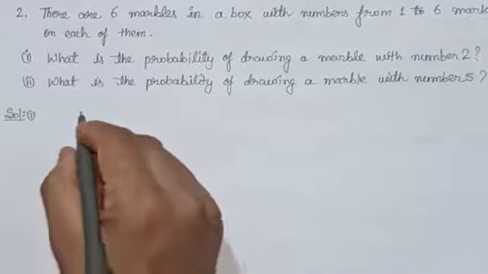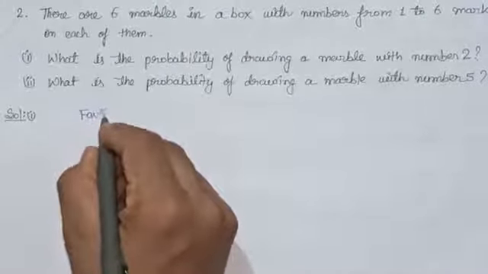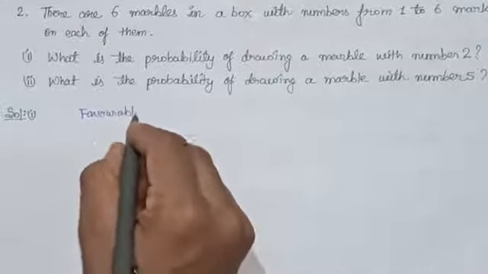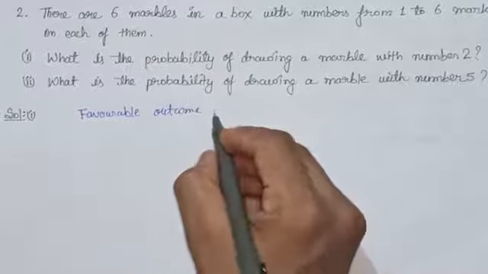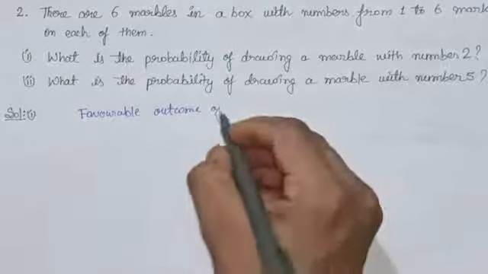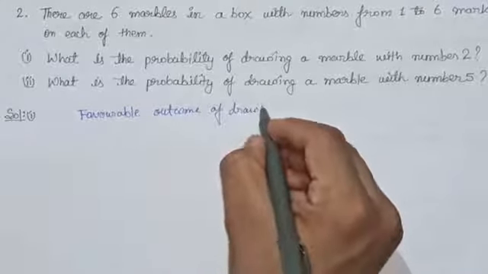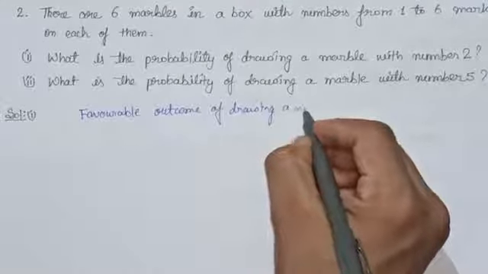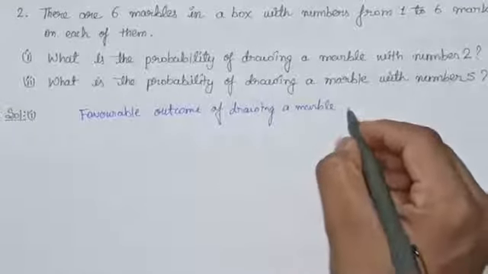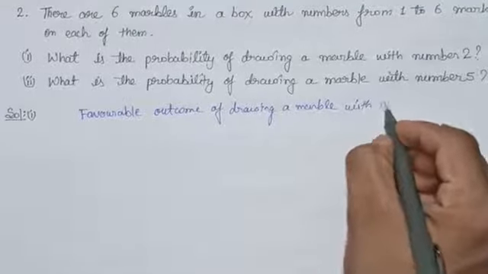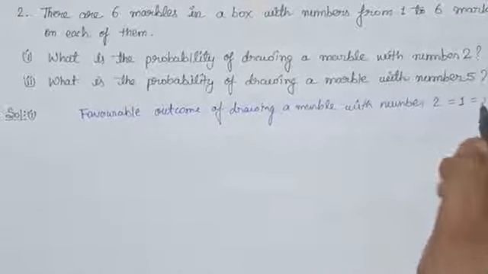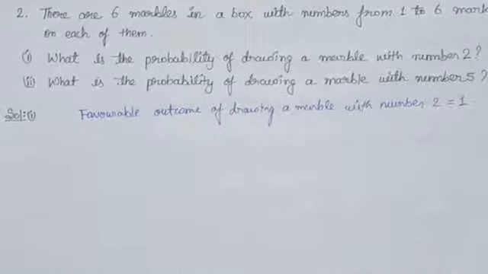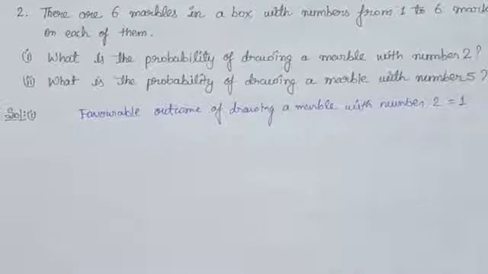So the favorable outcome of drawing a marble with number 2 is equal to 1, as there is only one marble with number 2 marked on it in the box.